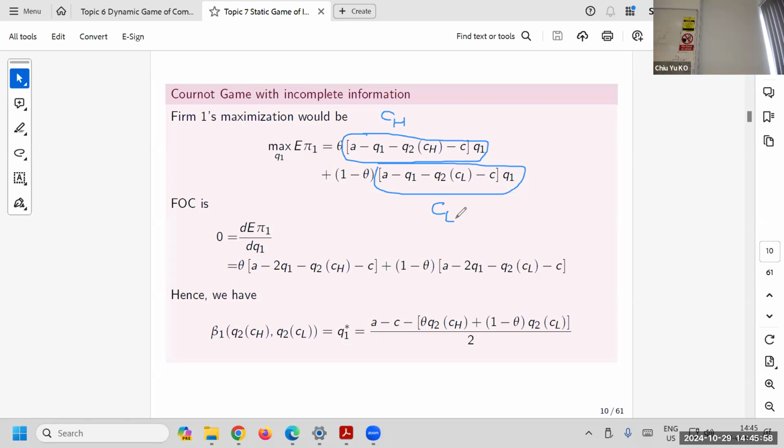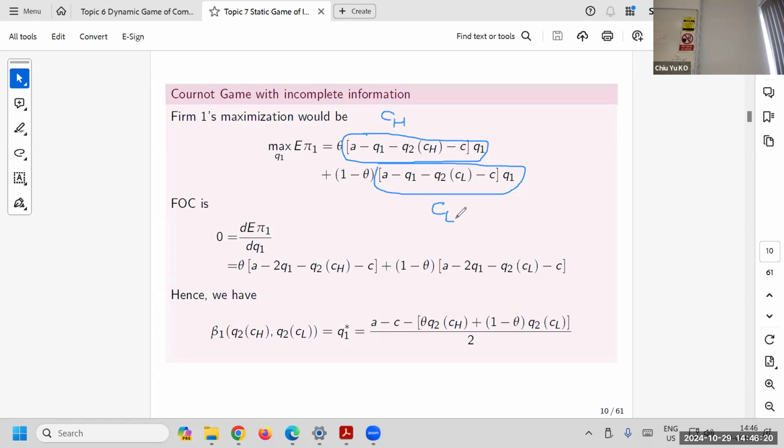And you solve this out, and it turns out to be linear. That's a very nice result. The best response will be, you think about this good type, bad type, this A minus C minus Q over 2, right?